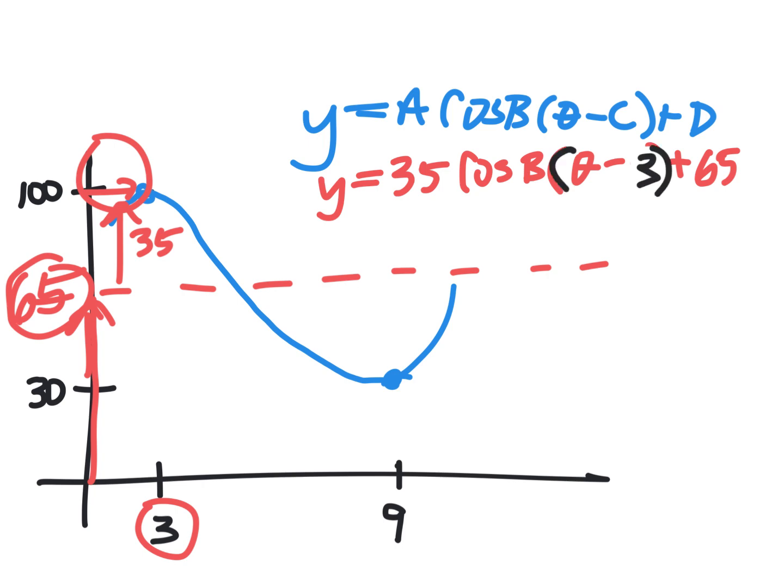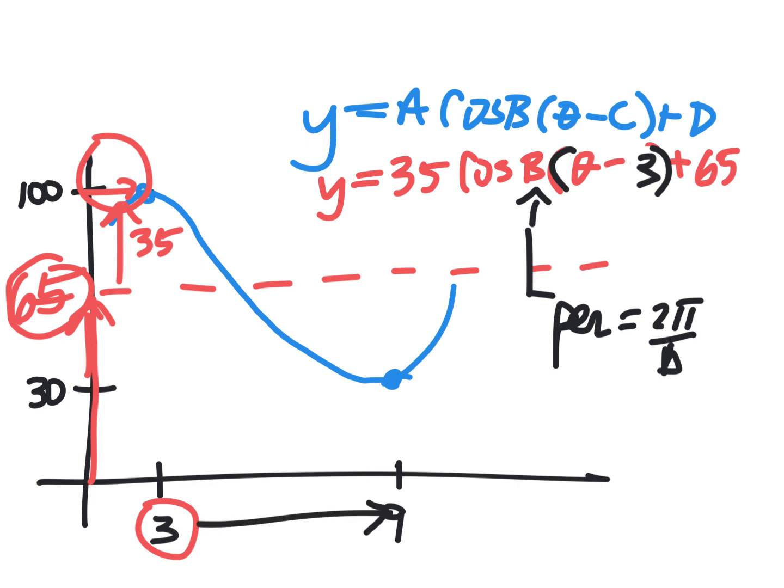And then last but not least is the B. So B is related to the period. So I always have kids write this formula. Period equals 2 pi over B. And the period in this case, I can tell by saying it went from 3 to 9, and that's a 6, but that's only halfway done. That's not a full period.